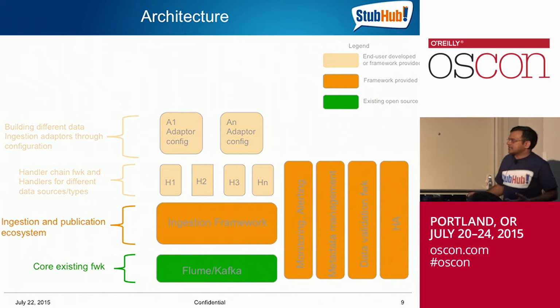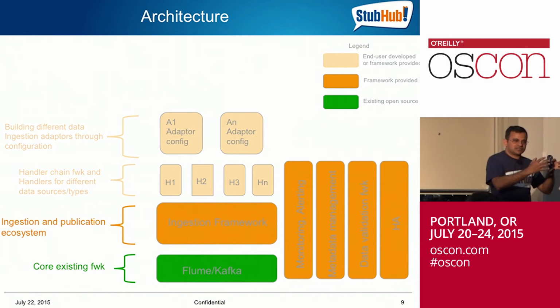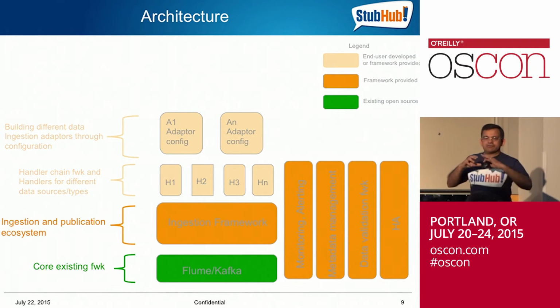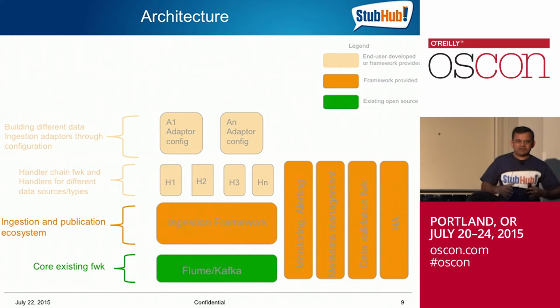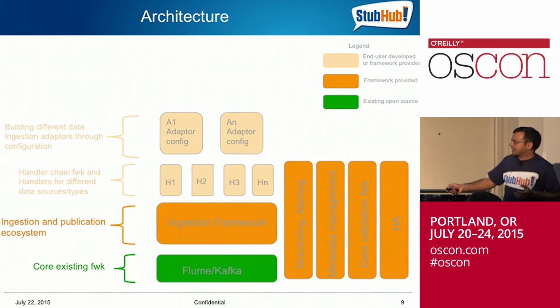Finally, this is the last layer. This is the key piece, what we're calling data adapters. For each type of source and for each type of data format, you write what is called an adapter. An adapter is really nothing but, in this whole system here, just a configuration. You string a bunch of things together, a sequence of these handlers that I'm talking about.